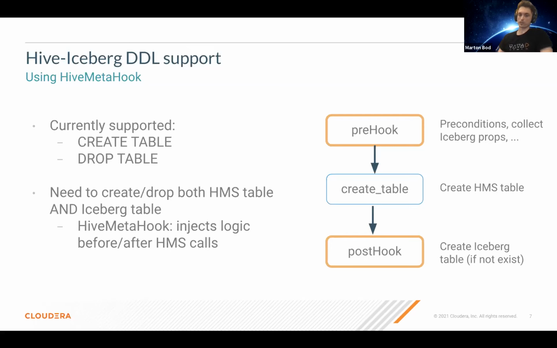So we do some sort of preparatory work here, and that's followed by the actual HMS call, which creates the HMS table. And then afterwards in a post hook, that's the point in time when we call the catalog API and create the Iceberg table as well, if not exists already. Next slide, please.